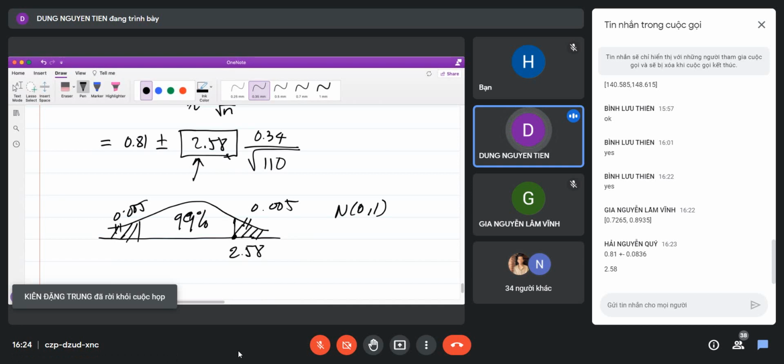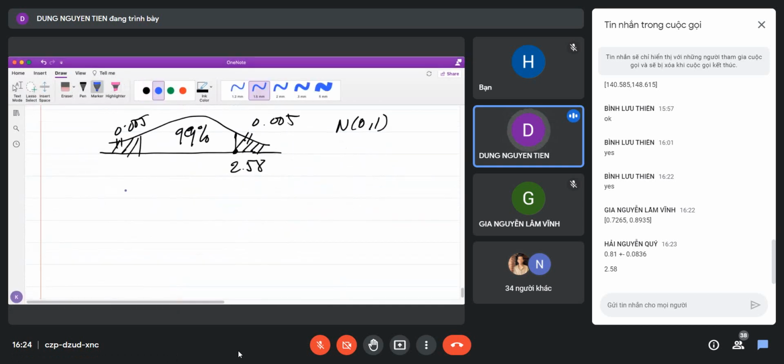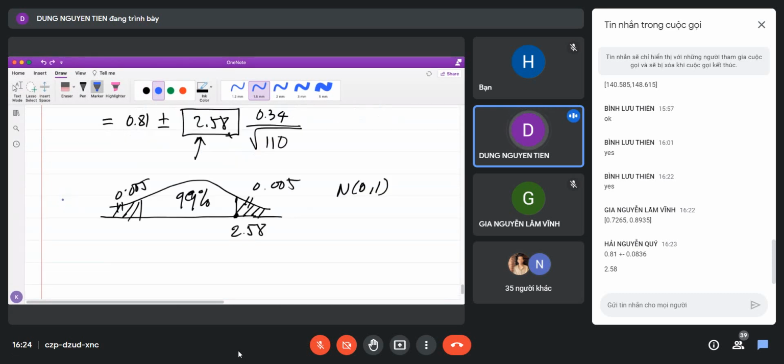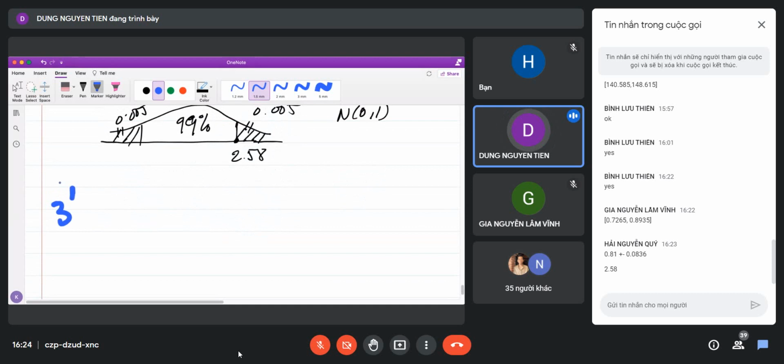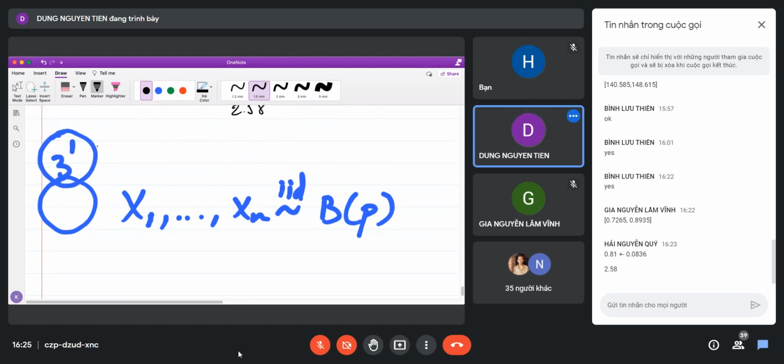Okay, so this is the one we did. Now I want to talk about a special case, a particular application of the third case. It is not really a fourth case; maybe it's better to say 3 prime. Suppose that x1, ..., xn follow the same Bernoulli distribution with parameter p, and they are independent with the same distribution.